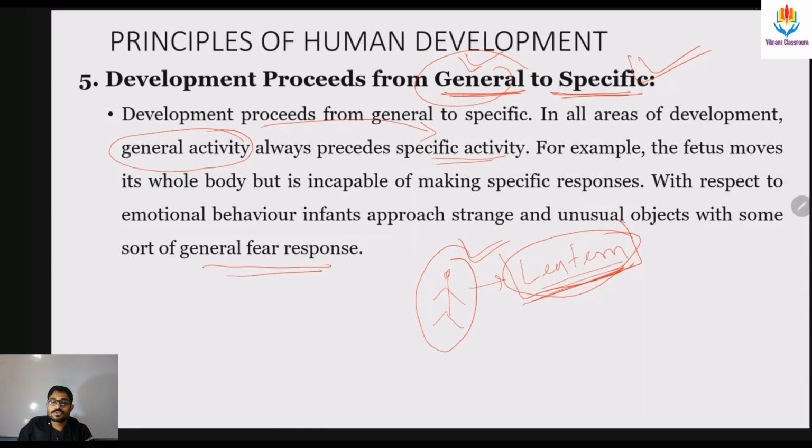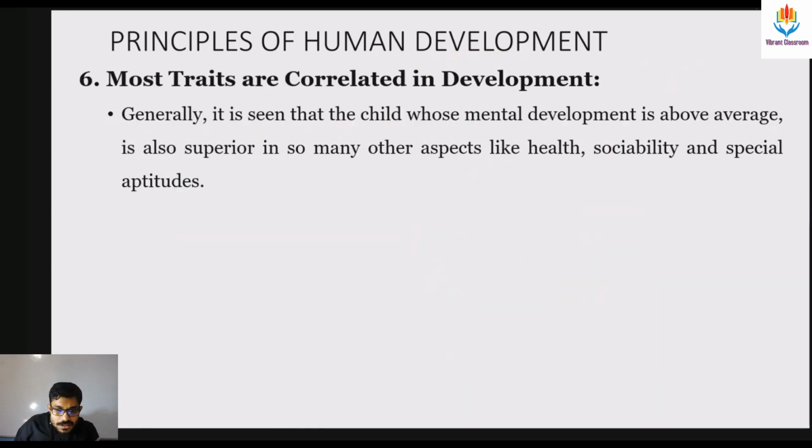Then come to the next part, that is, most traits are correlated in development. Different human beings have different psychological, emotional, social and physical traits, and all these traits are very closely related to the developmental process. Generally it seems that the child whose mental development is above average is also superior in many other aspects like health, sociability, and spatial aptitude.